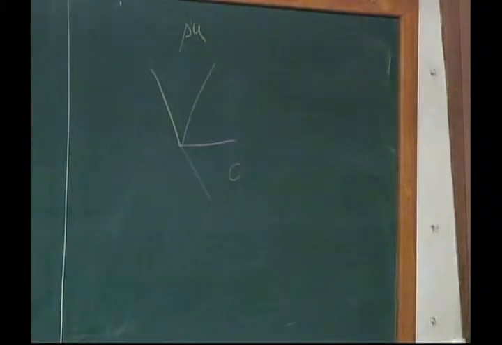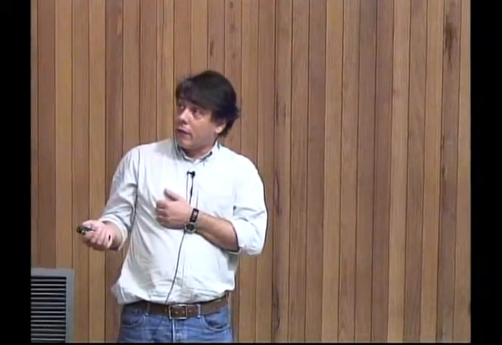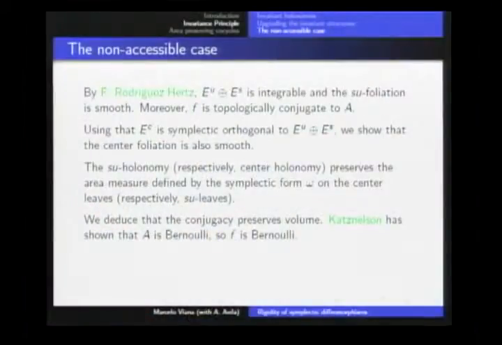So using this fact, we can prove that the conjugacy preserves volume. That goes in any dimension, but it's only continuous. And then there's a fairly old paper of Katok-Nelson where he showed that linear maps, as I consider, are Bernoulli.